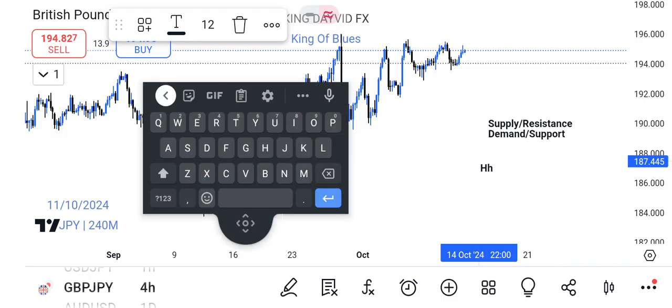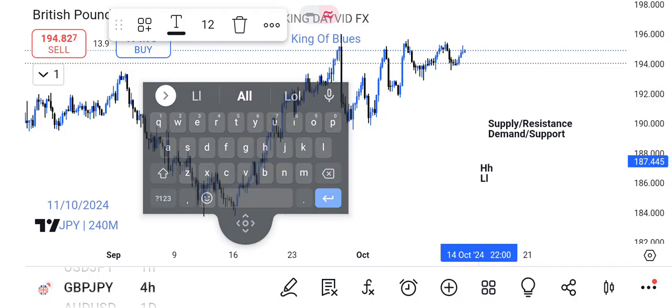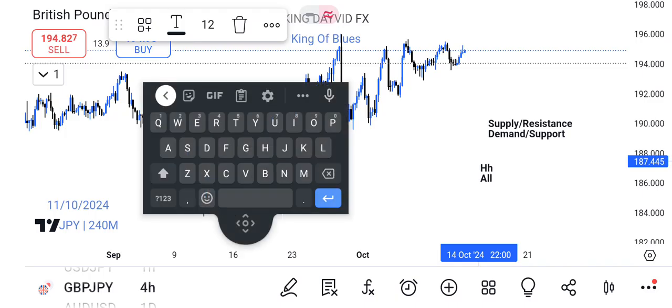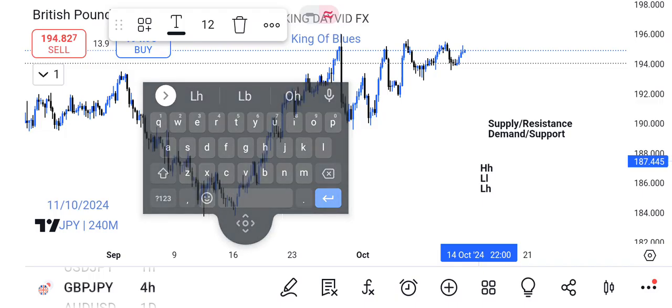Whatever we call a lower low is a demand or a support. Whatever we call a lower high is a supply.